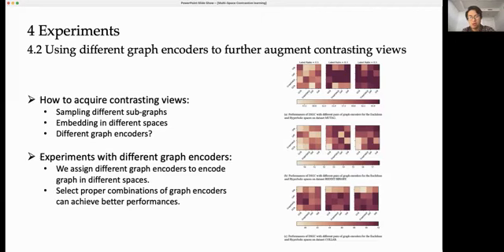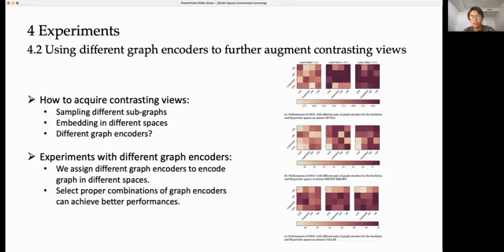According to the experiments, we found that the higher the ratio of labeled training data, the better overall performance DSGC has. But when the ratio is low, it will be tricky to select different pairs of graph encoders for DSGC to achieve better performances.